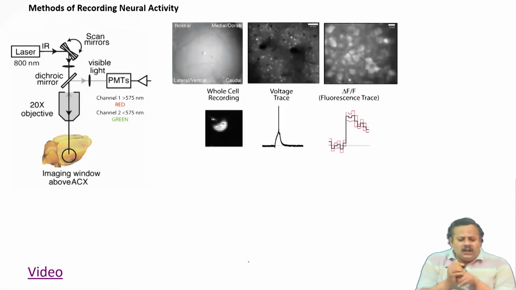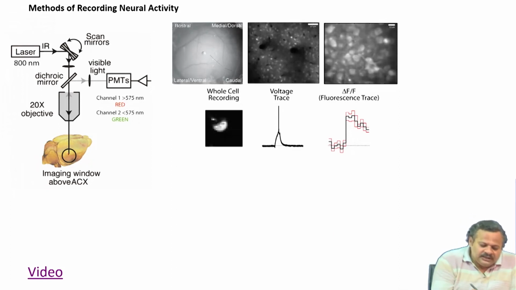There is a method called 2-photon imaging where you use a pulsed IR laser, and through scan mirrors we can direct the light into the brain. There are reasons that allow us to go deeper into the tissue with this kind of light, and we can excite fluorophores that are present within the brain tissue.